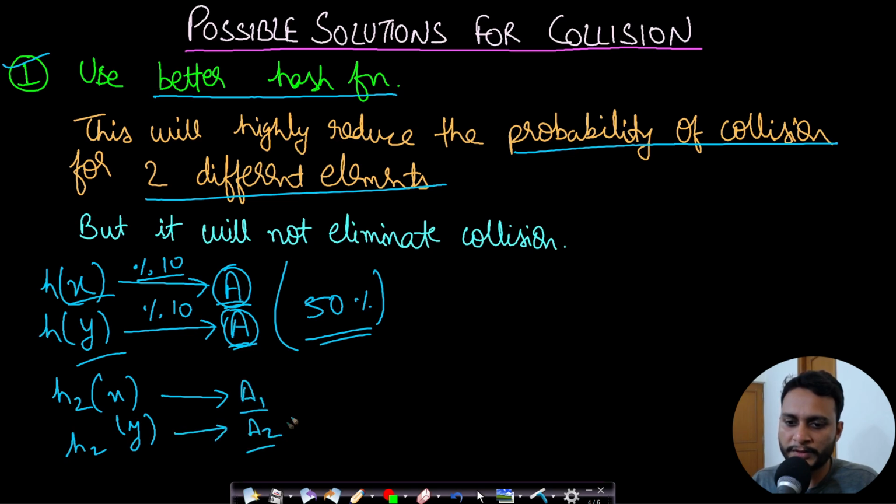These two will be different, and the probability of a1 being equal to a2, that means the probability of collision, is, let's say, only 5%. Then you can see that by using a better hash function, the probability of collision will reduce, but it will not get eliminated. Collision might still happen, but the chances of collision will be reduced. So using a better hash function is not a complete solution for eliminating collision, right?